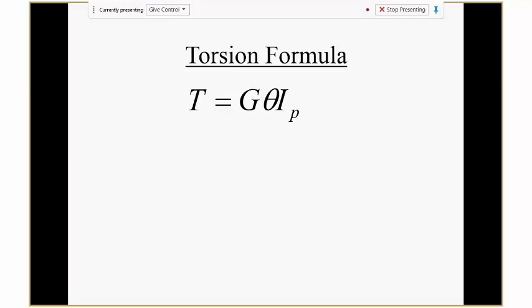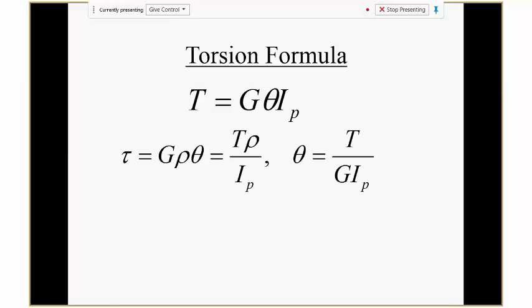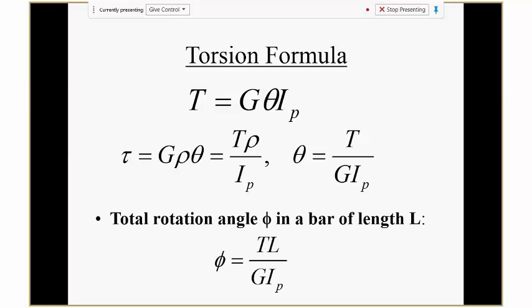Okay, now we can move this a little bit further. So you can calculate the shear stress, or you can calculate theta. Okay, what's theta? Remember, theta is d phi dx, right? In other words, from here, we actually get this equal to d phi dx.